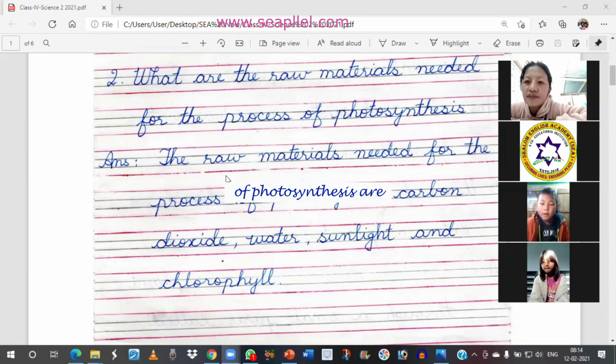The raw materials needed for the process of photosynthesis are carbon dioxide, water, sunlight, and chlorophyll. Very good. Now, Visitor, you read. The raw materials needed for the process of photosynthesis are carbon dioxide, water, sunlight, and chlorophyll.